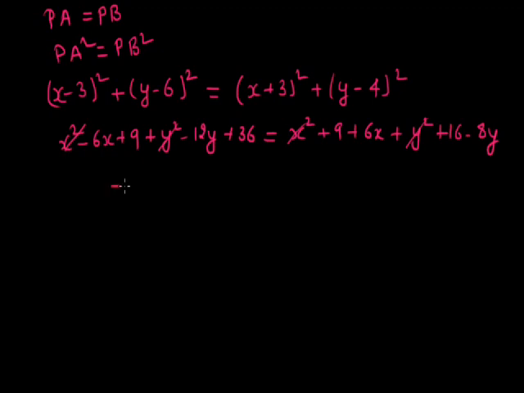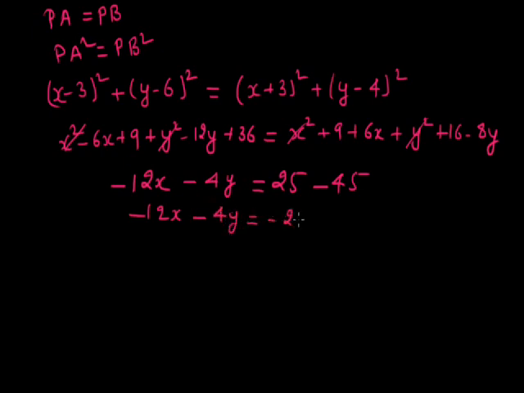So here we will get minus 12x and minus 4y equal to 16 plus 9 is 25 minus 45, or minus 12x minus 4y is equal to minus 20.